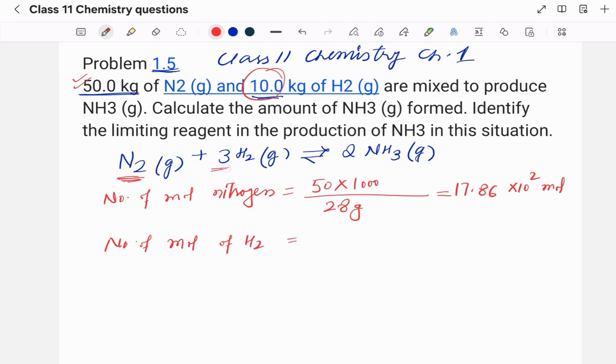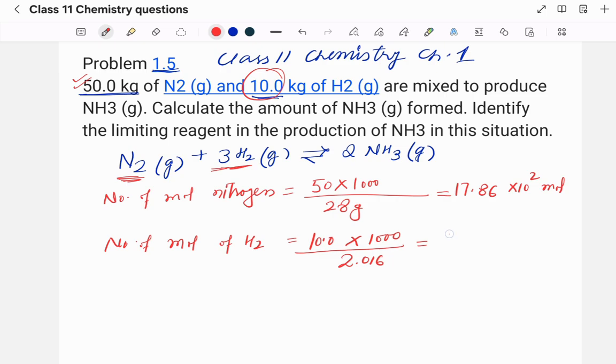We must remember that hydrogen is 3 moles in the equation. Here, 10 kilogram is given, converted into grams and divided by its molar mass. The mass of hydrogen is almost 2 if we take simple masses, and if we take relative atomic masses, then it is 2.016.